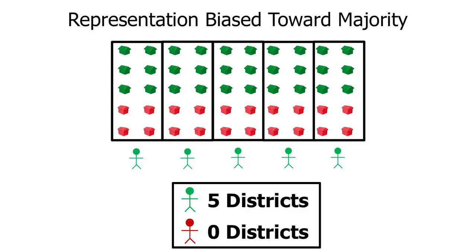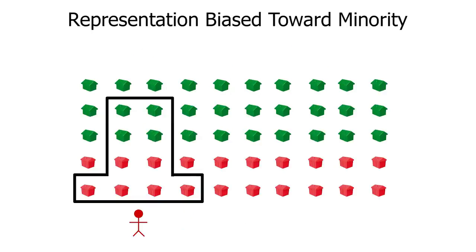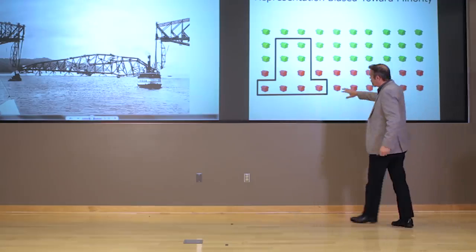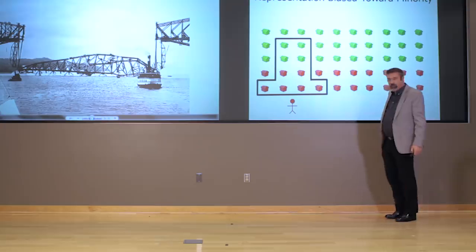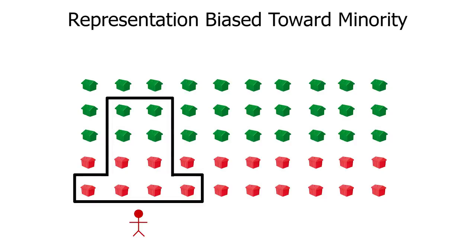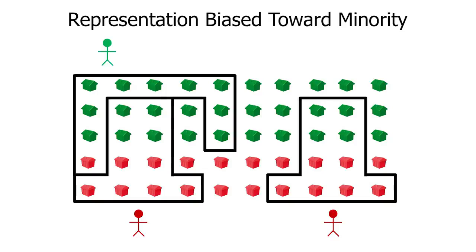And if you think that's perverse, look at this. Suppose we were to put these 10 households in a district. Now, these 10 households are mostly red, so if we ask them what kind of representative would you like, they will say, give us a red representative. And if we put these 10 households in a district, they'll similarly elect a red representative. Now, if we put those 10 households in a district, they're almost entirely green.